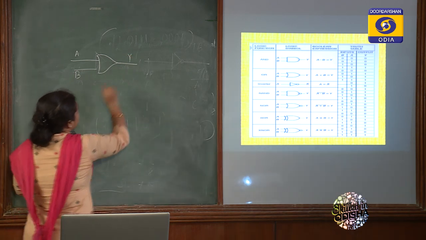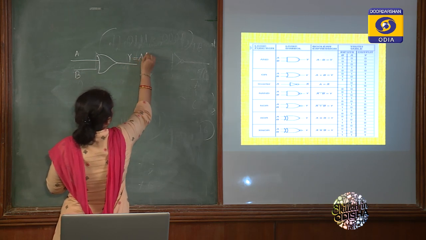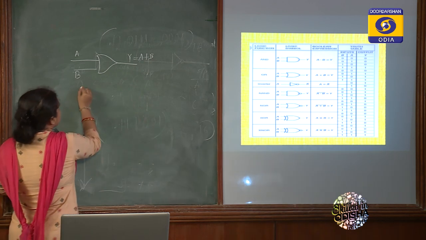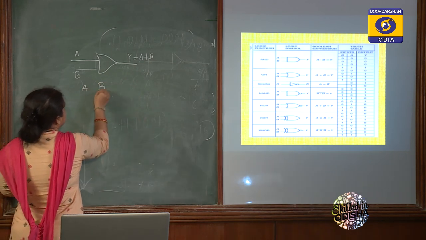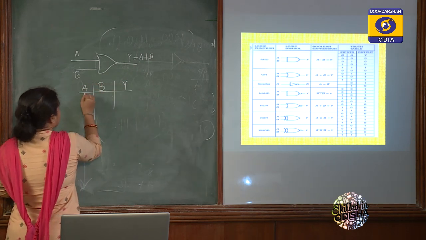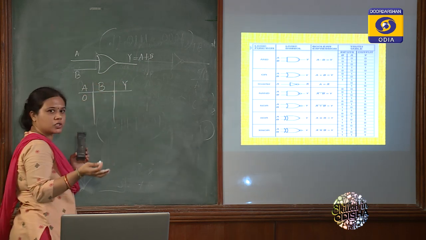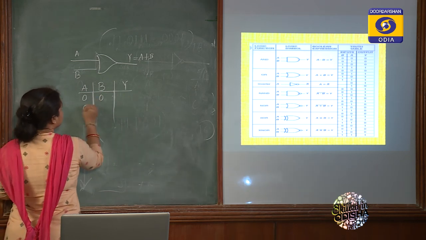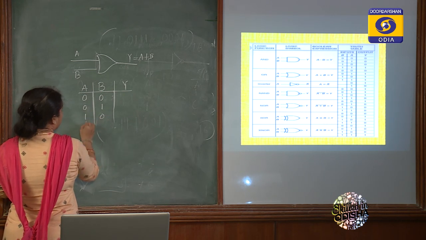In case of OR, the expression is A plus B. And the truth table will be like this. This one is A, B and this one is Y. In the binary number system the inputs are 0 0, 0 1, 1 0 and 1 1.